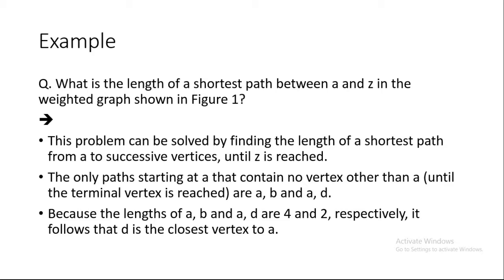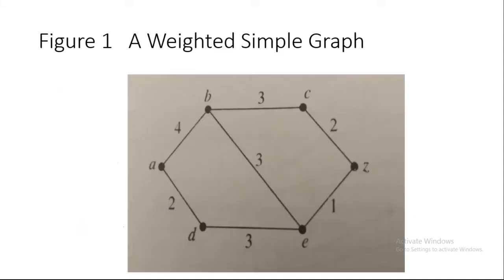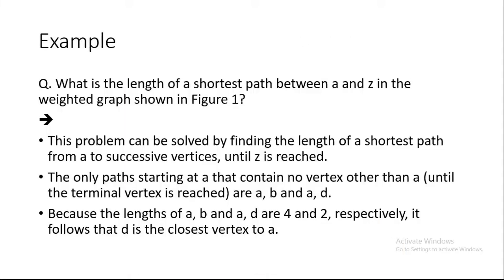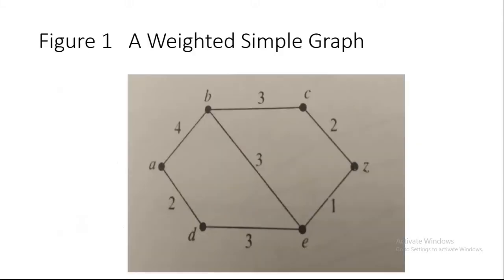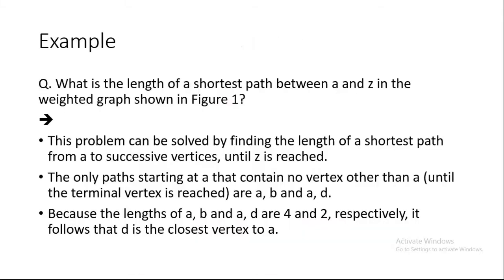The only paths starting at A that contain no vertex other than A until the terminal vertex is reached are A, B and A, D. Those are the adjacent vertices B and D, meaning A to B and A to D. Because the lengths of AB and AD are 4 and 2 respectively, it follows that D is the closest vertex to A.